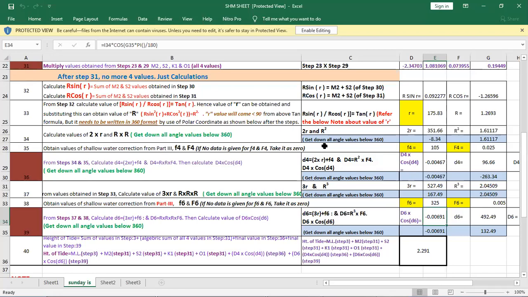Just put in all the values and calculate as per the steps written: 2r, r square, 3r, r cube, and put in the values of D4 by getting this 2r. The small d4 is 2r plus f4, capital D4 is r square plus f4, and then you get d4 cos d4, d4 cos d6, and like this you get these values and then calculate the height of tide.